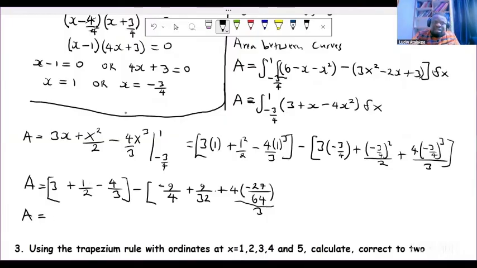If you add 3 plus a half minus 4 over 3, the LCM here is 6. So if you multiply each by 6, 6 times 3 is 18.